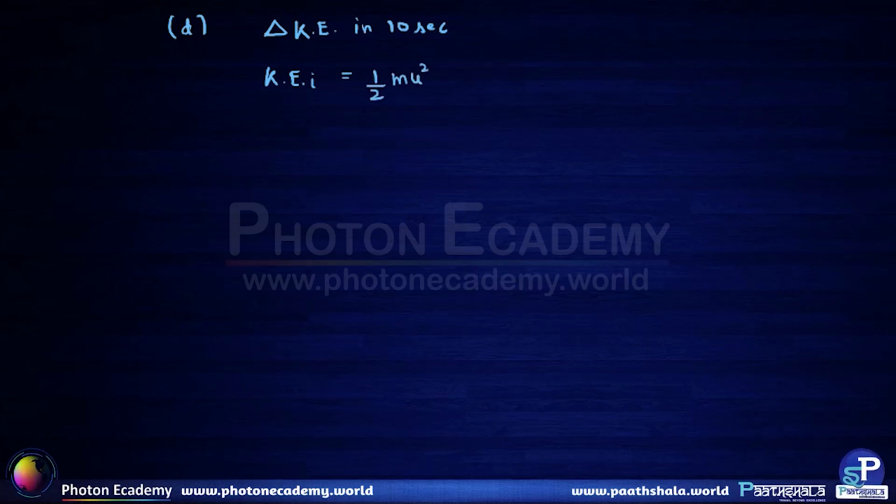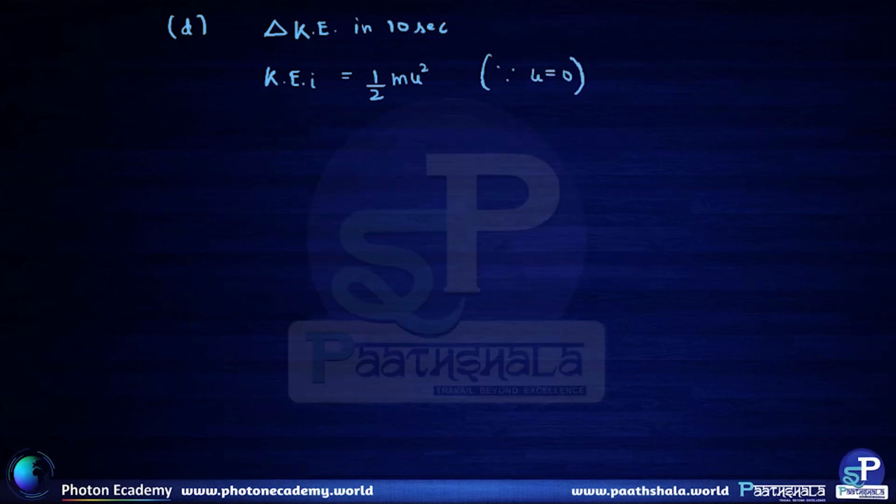Since u is 0, initially the body was at rest, therefore K initial is 0. K final is half m v square.